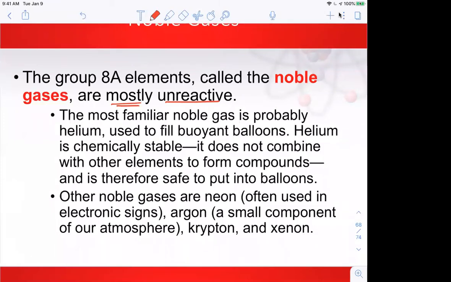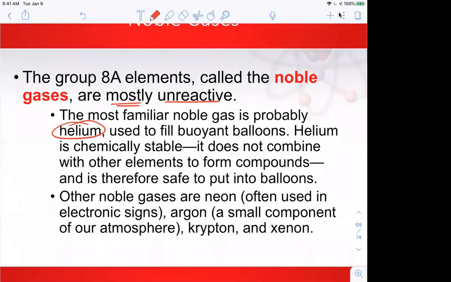The most familiar noble gas is probably helium. If you ever get a Mylar balloon for someone's birthday, or you fill regular balloons for various balloon bouquets, you'll notice that helium is less dense than air, so it floats in the air. Helium is chemically stable.